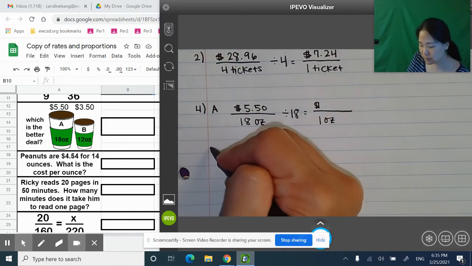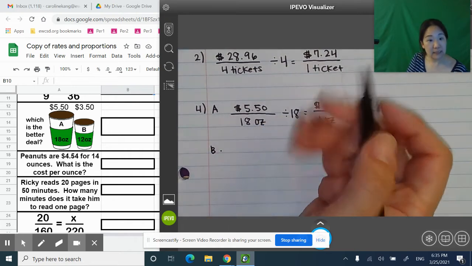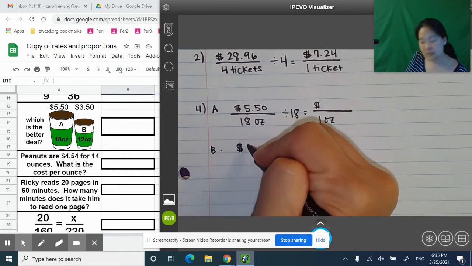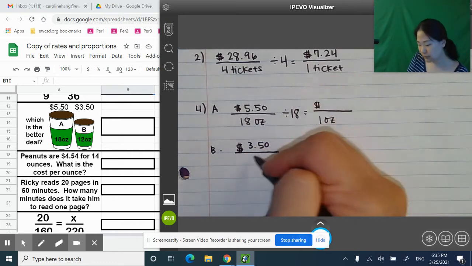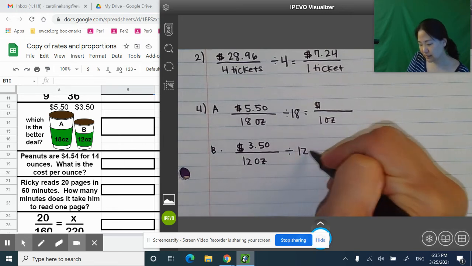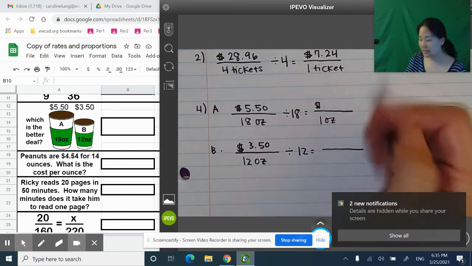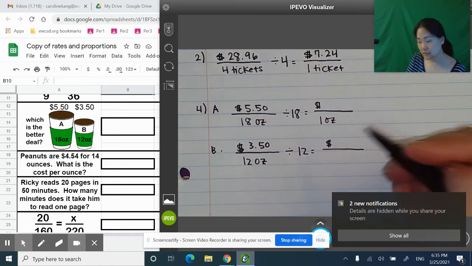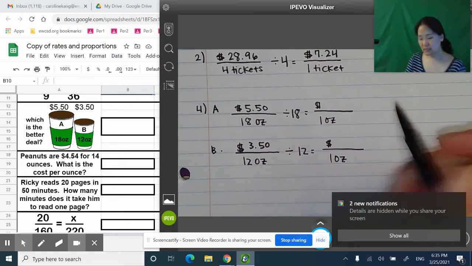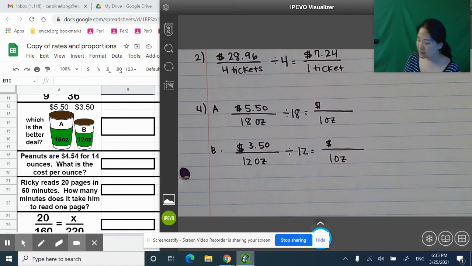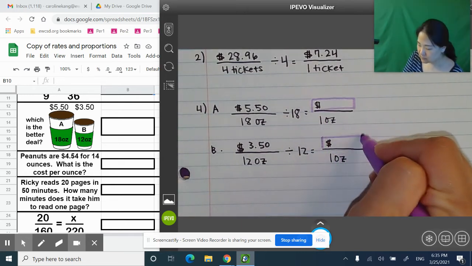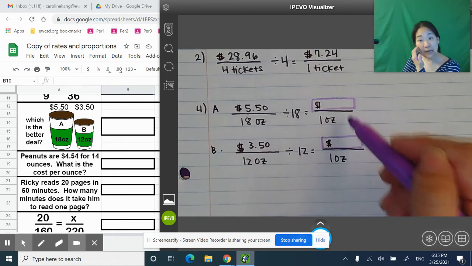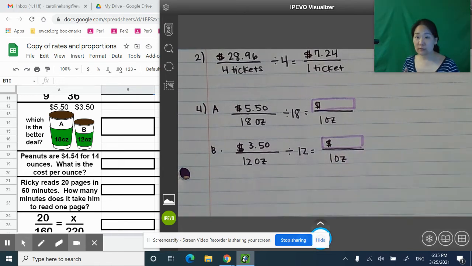And you're going to do the same thing with cup B, which is, money always goes on top, $3.50 for 12 ounces. And this time you're going to divide by 12, and that's going to show how much it is for 1 ounce. Once you have this amount per ounce, you get to see which one is a cheaper deal.